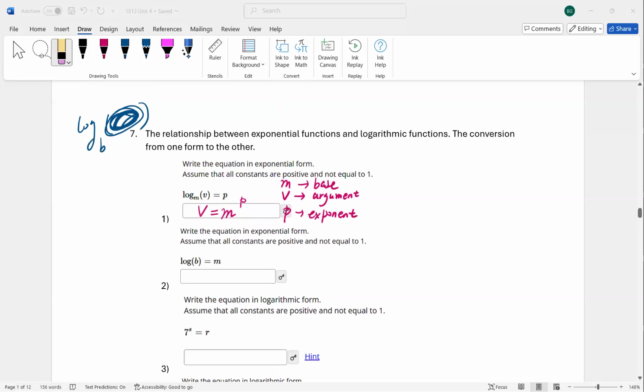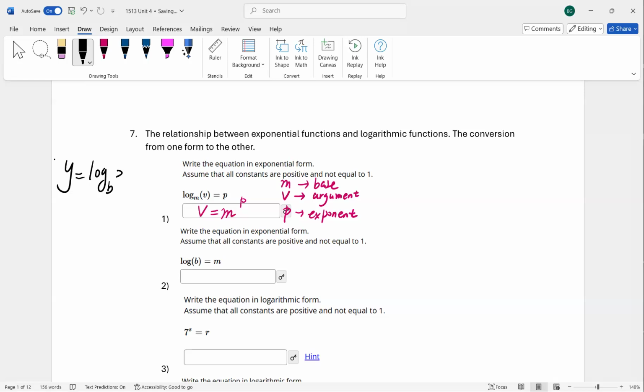Last class, we learned a new function, the logarithmic function. Y equals log with base b of x. That's what a logarithmic function looks like. This equation has 3 parts.